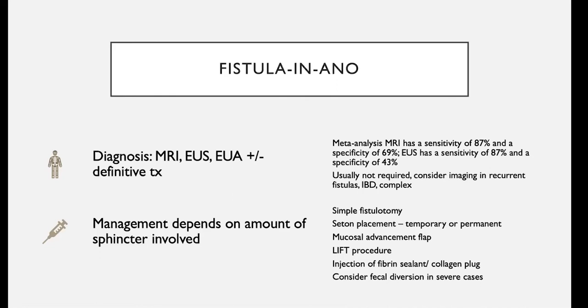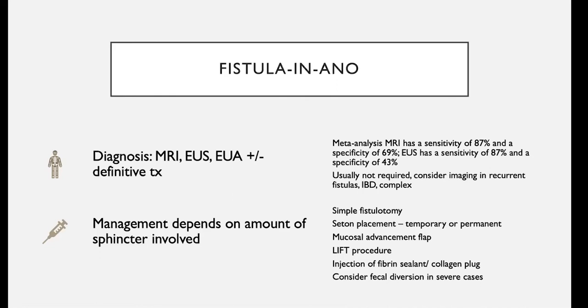I often see it in patients with Crohn's to assess for complex fistulae. Endoanal ultrasound is also mentioned in texts, but I've never really seen it. Typically we get MRI.